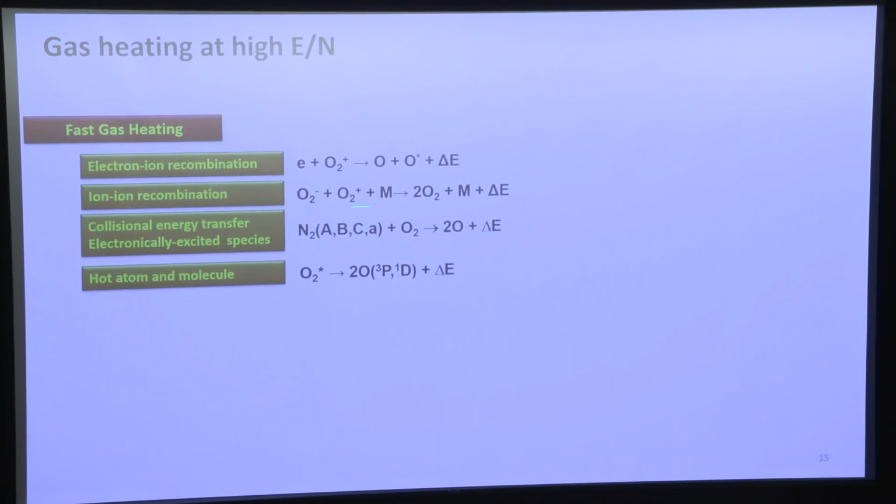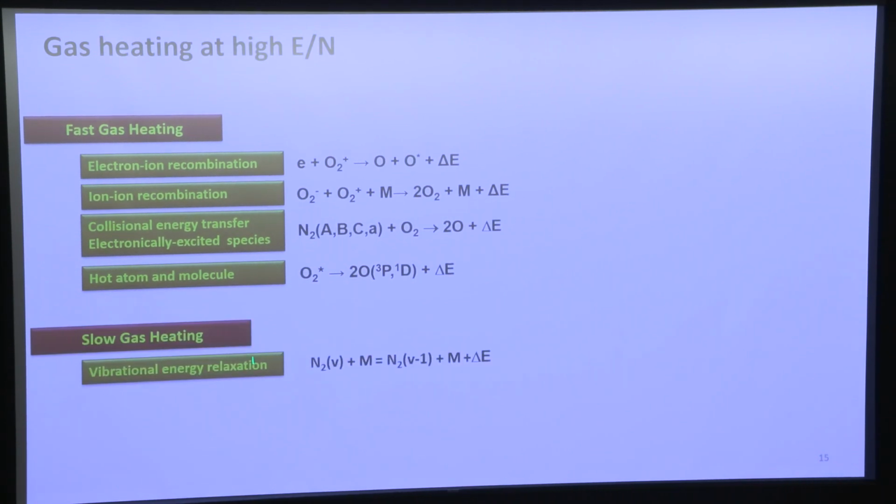All this, along with ion-ion recombination, happens in nanoseconds to tens of nanoseconds. Slow heating is vibrational energy relaxation, which happens at microseconds to milliseconds.